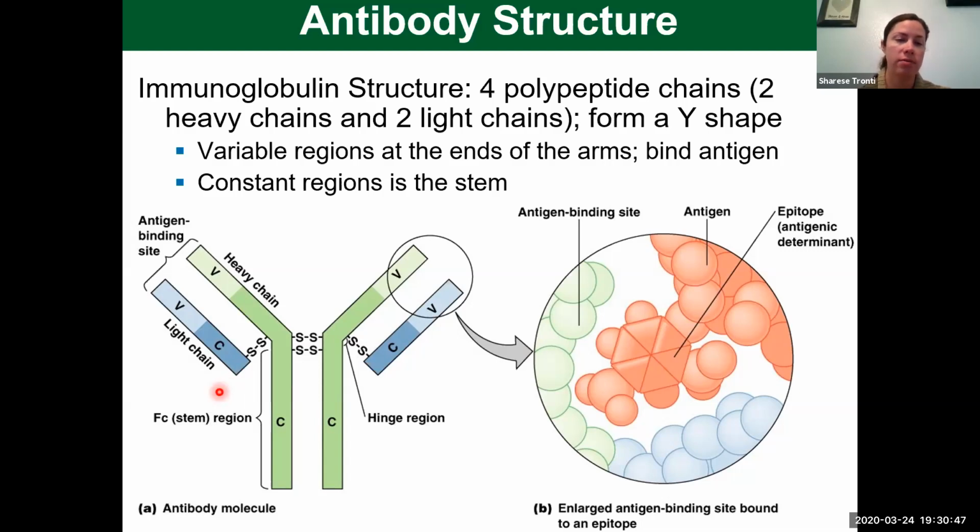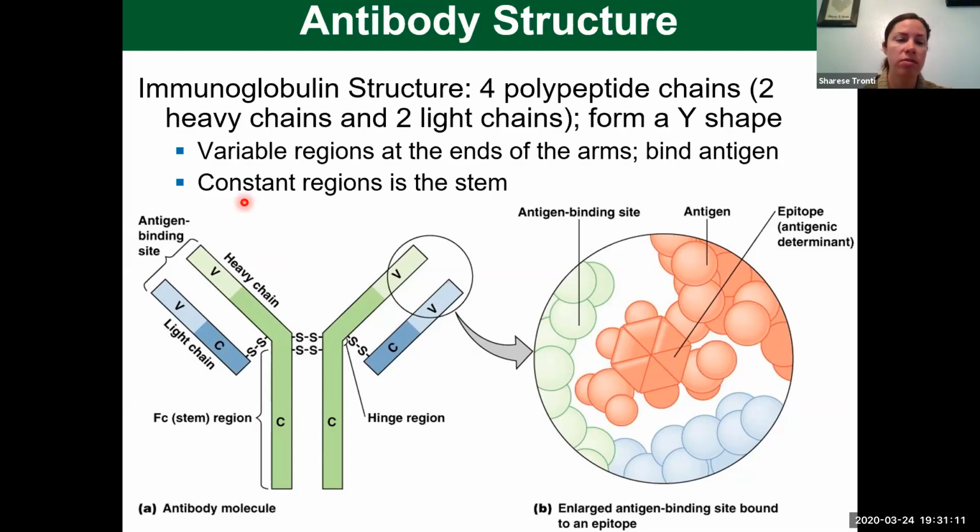All of the chains have 2 regions: the constant region here and the variable region. The constant region is going to be constant for all antibodies. The variable region is the region that is going to change for all antibodies so that they will bind to a very specific antigen.